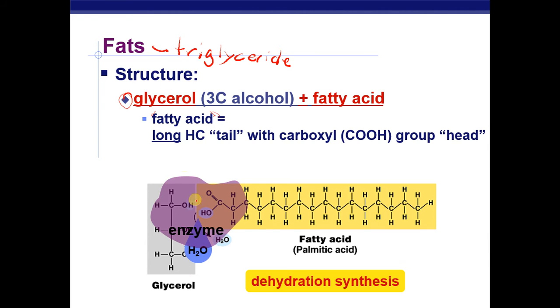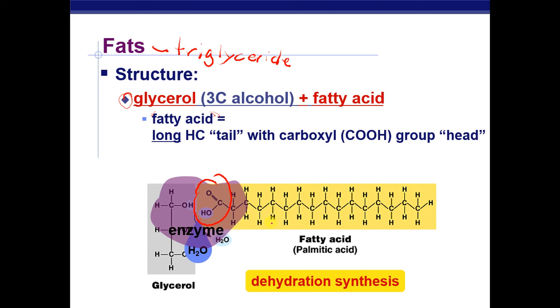In a triglyceride, 3 of them. And this yellow thing is a fatty acid. It's basically just a long chain of carbons and hydrogens with this end here that allows for a dehydration synthesis reaction to occur so they can be linked together.